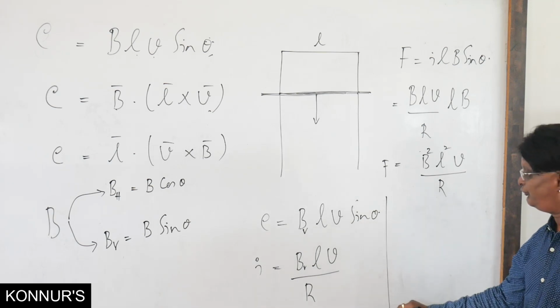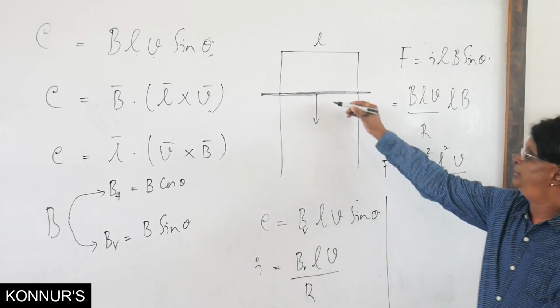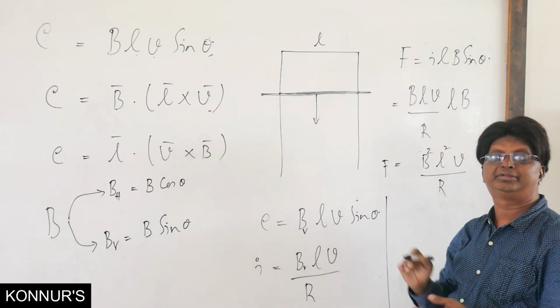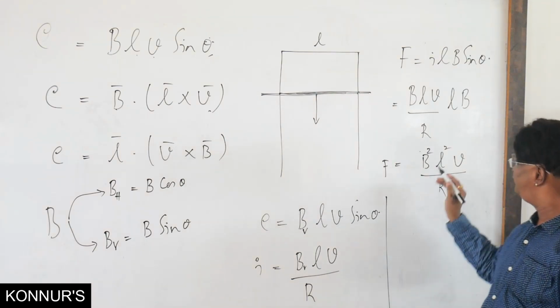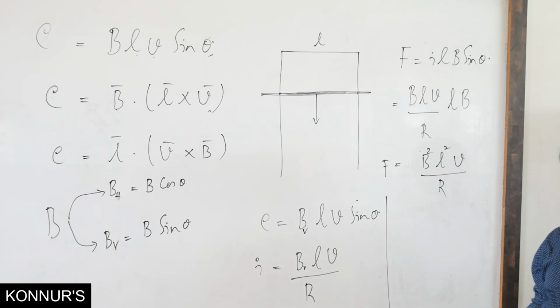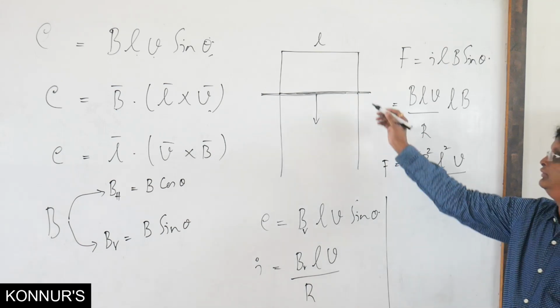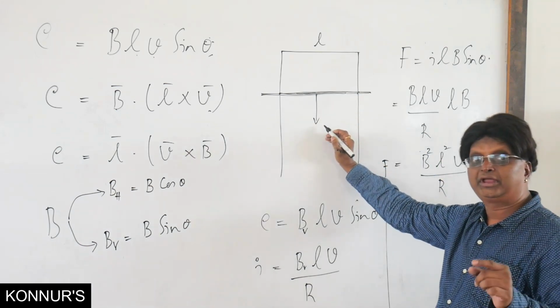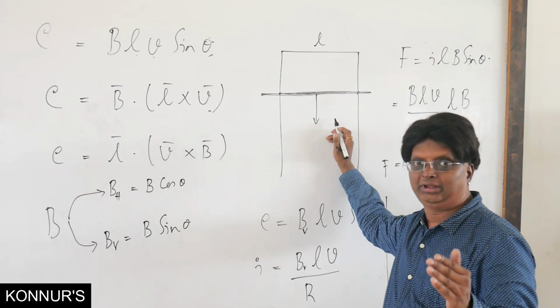Now, mg is the force which is causing the sliding downwards, the free fall. When this force opposes that mg, why opposing? Because of the consequence of Lenz's law, then after some time this will acquire a terminal velocity, which is a uniform velocity.